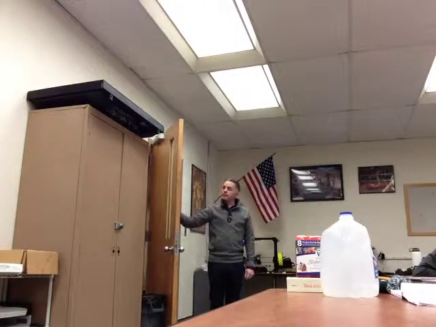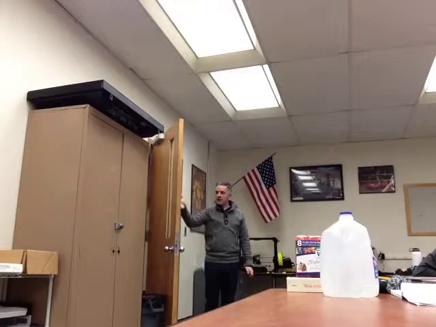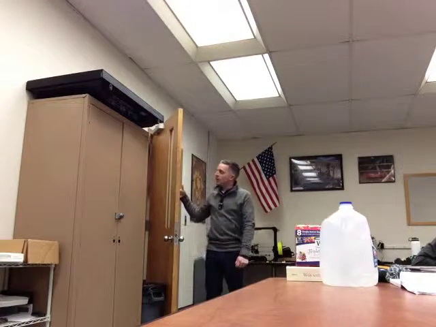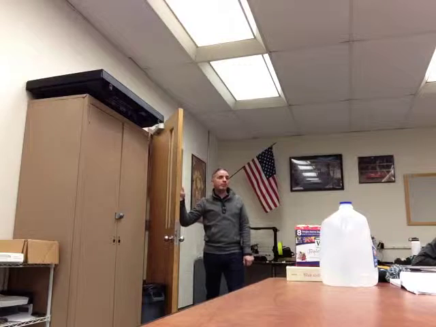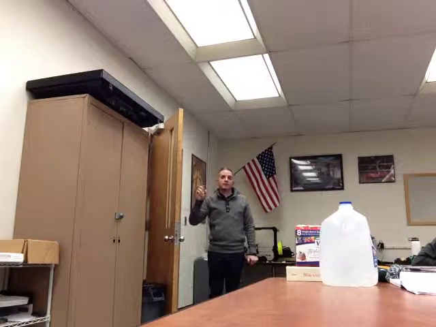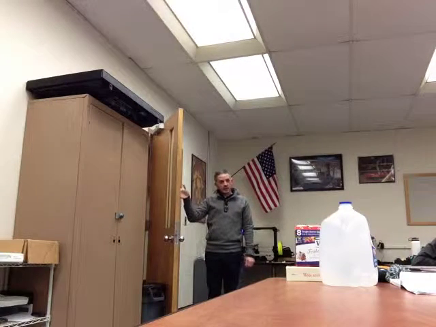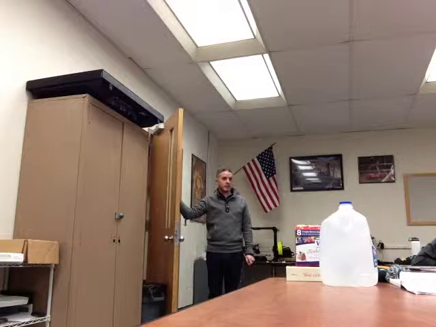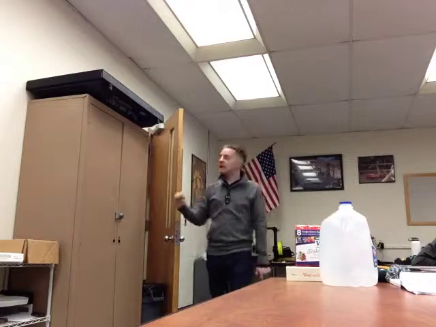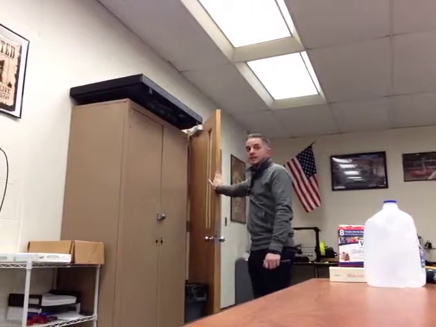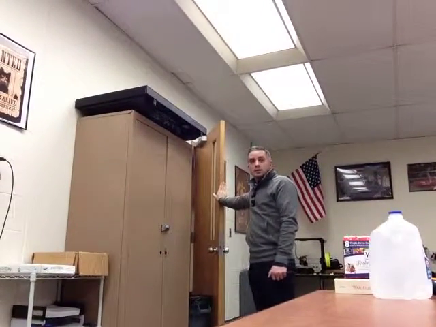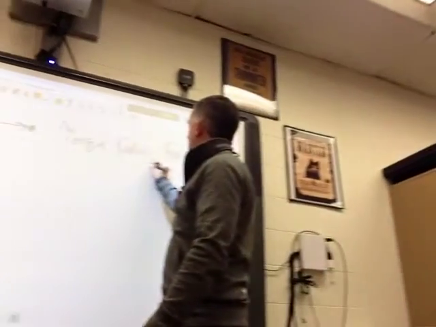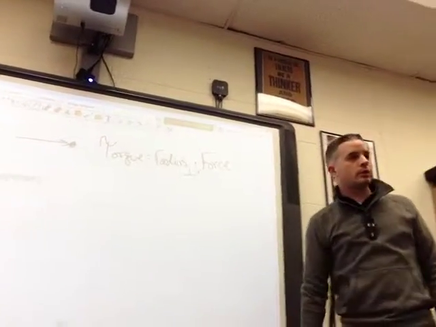If we're pushing at an angle, some part of the components of the force is going to be perpendicular to the door, and some of it is going to be parallel to that radius. Does that make sense? And we've already seen that if we push parallel to the radius, it doesn't create any torque. It's always that perpendicular piece that creates the torque. So what we can say then is that they need to be perpendicular to each other.